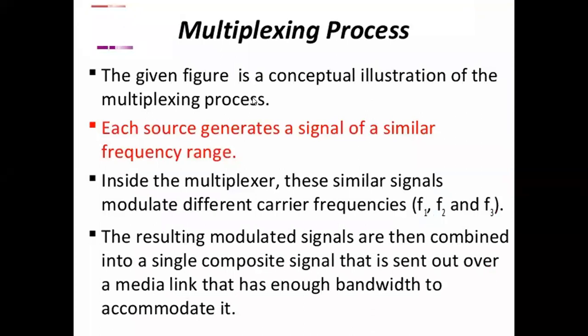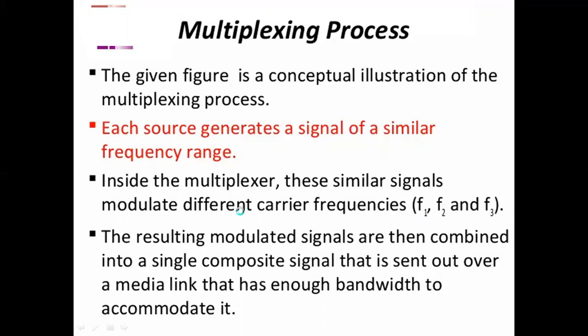How it is processed: the given figure is a conceptual illustration of the multiplexing process. Each source generates a signal of a similar frequency range. That means each signal has its own frequency. Inside the multiplexer, these similar frequencies modulate different carrier frequencies. Now F1, F2, F3 are there.